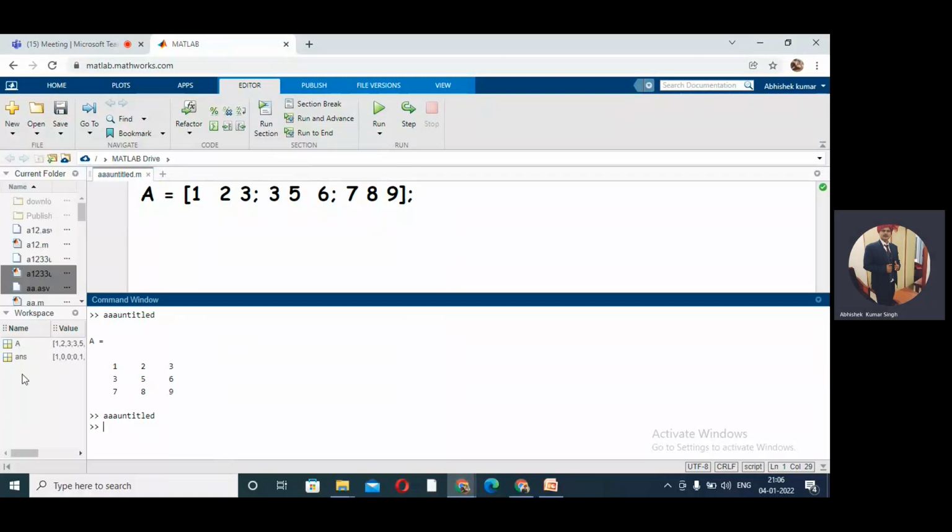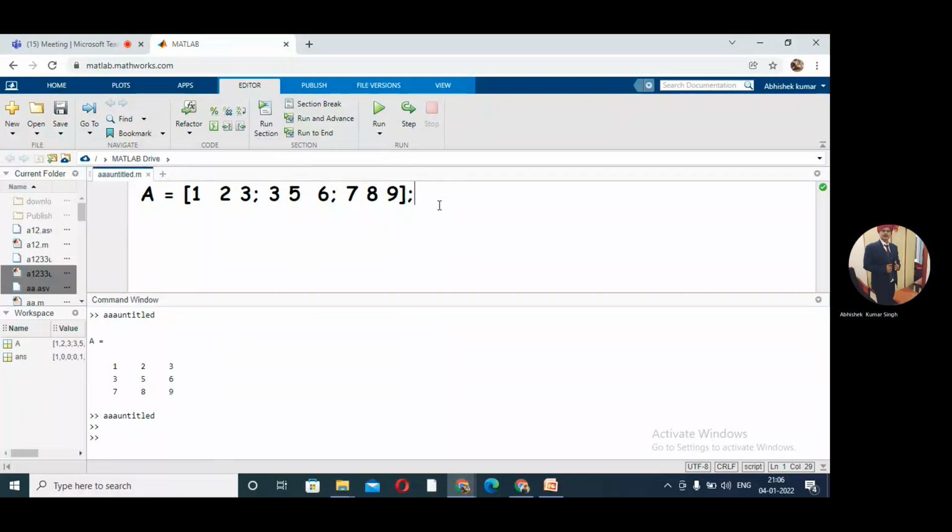We have this A matrix, can you see it in the workspace? The matrix A is there, but it is not showing in the command window. So the semicolon at the end of the line will stop that output. Fine. Okay, this is the A matrix.